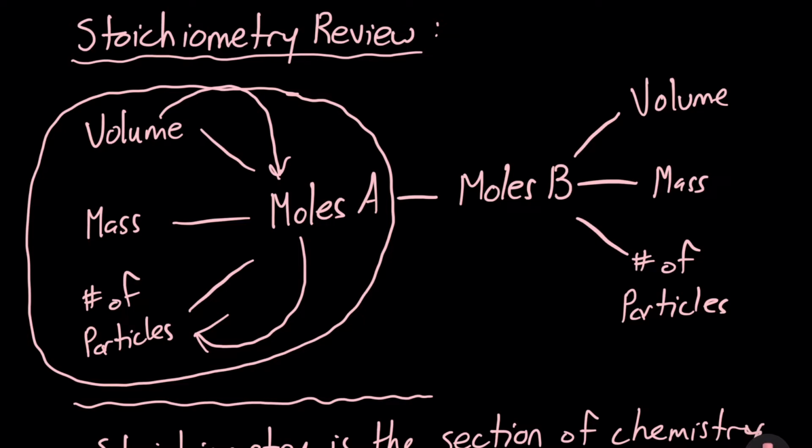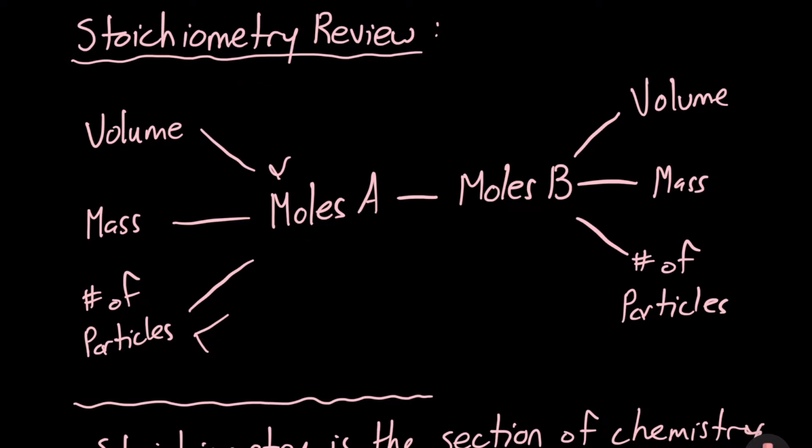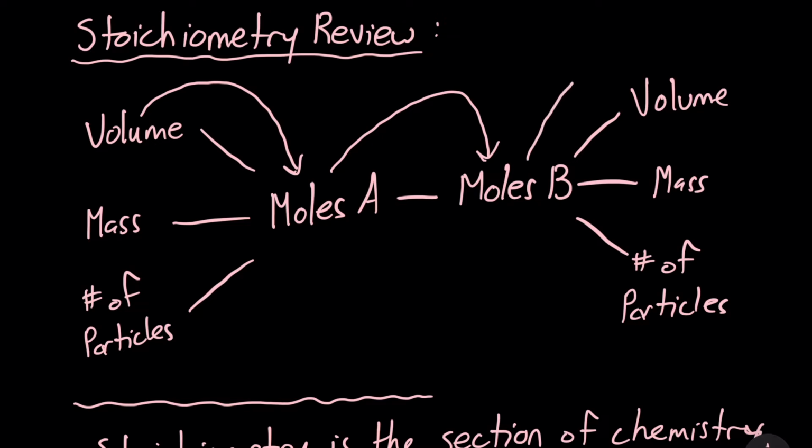So with stoichiometry, we're pretty much just doubling our last unit of study. So instead of dealing with the same substance the whole time, we can now go from volume to moles of that same substance. And then we can go from moles of one substance to moles of the next. And we can finally figure out, for example, the volume.